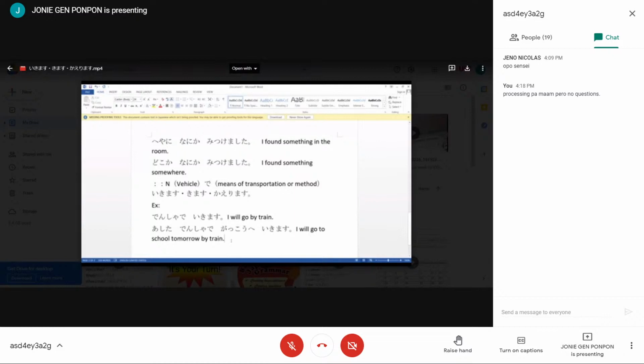Dadagdagan lang. Okay, from a simple densha de ikimasu, naging ashita densha de gakkou e ikimasu na. From a simple sentence pattern, dadagdagan mo ng simple sentence pattern din, naging complex na siya. Okay? So, you can now create complex sentences by connecting two basic sentence patterns.